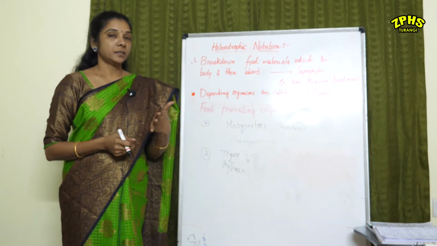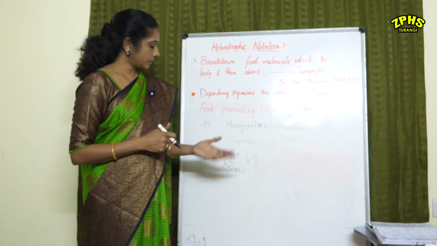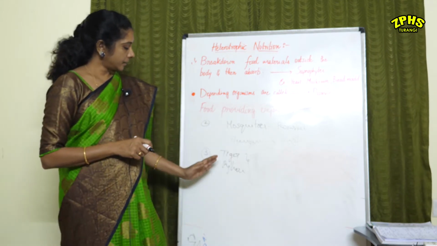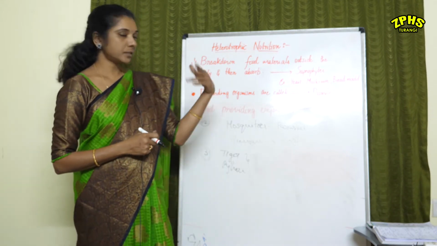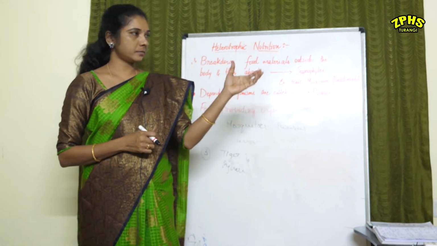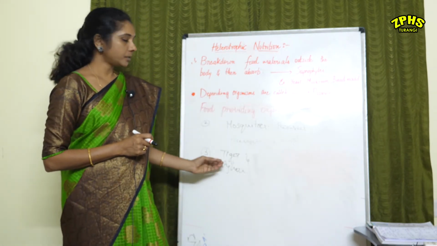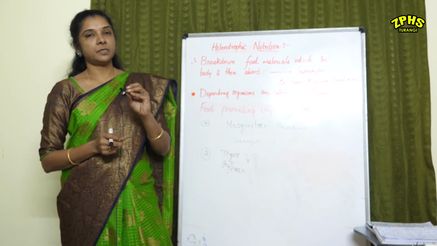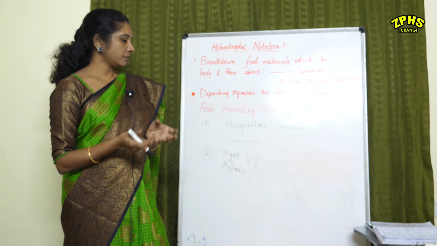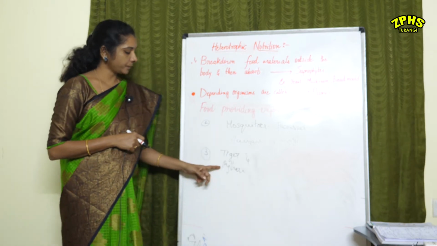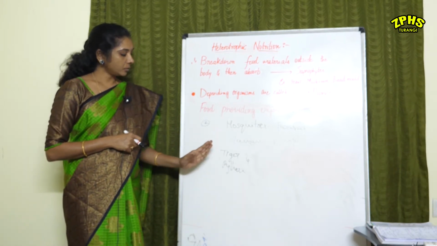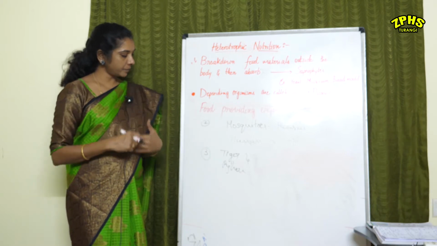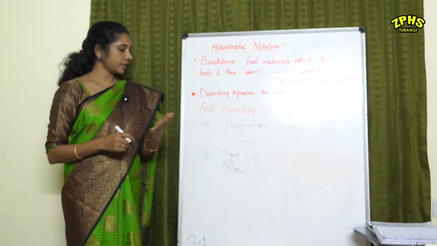Later, what the python does, generally we observe, it coils around a tree stem or trunk, then it tries to break down the body of that animal. After breaking into pieces, the animal will be digested inside the body of the python. So here they first take the food material completely inside and then digest.